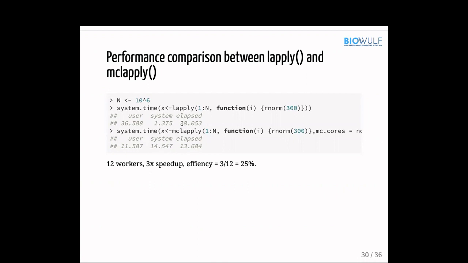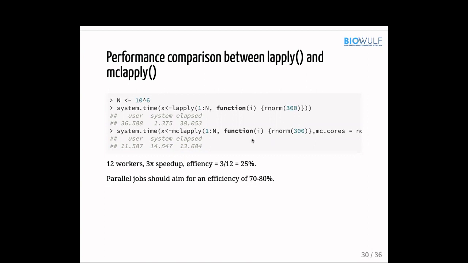However, the time for the mclapply is 38 seconds, and it only reduced about 1/3 of the time. The efficiency you can calculate is 3 divided by 12, which is only 25%. This might be different from your expectation, but it's quite common in parallel jobs.